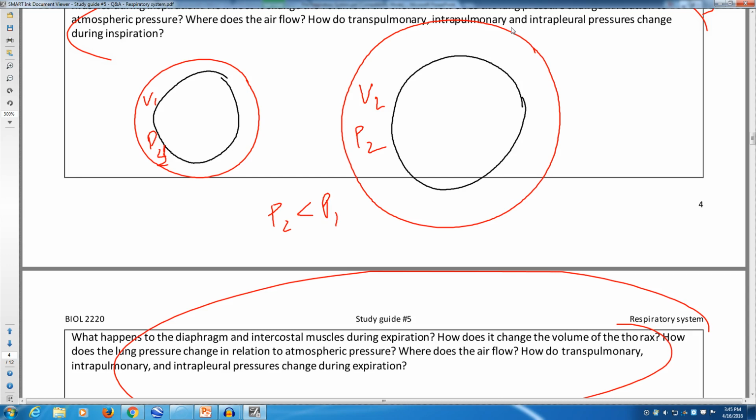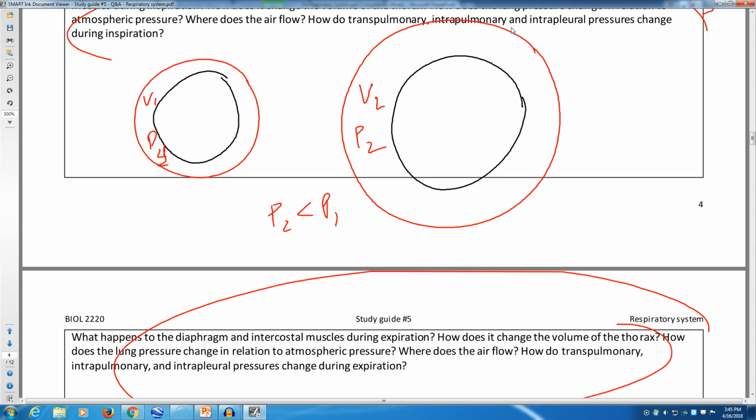What happens to intrapulmonary pressure? It decreases first, and then at this moment, when there is no airflow, it's equal to atmospheric.